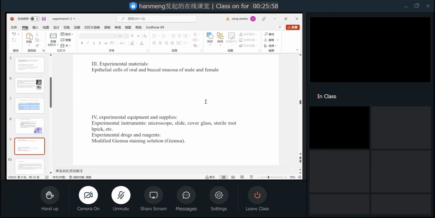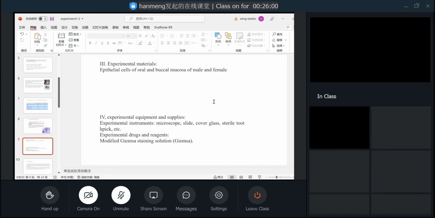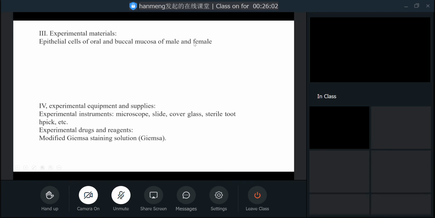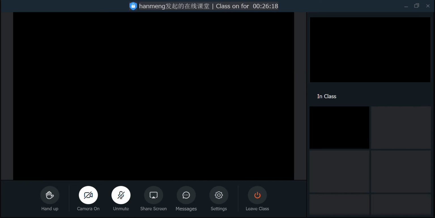The experiment material is epithelial cells of the oral cavity of males and females. The experiment equipment has a microscope, slide, cover glass, and a sterile toothpick.